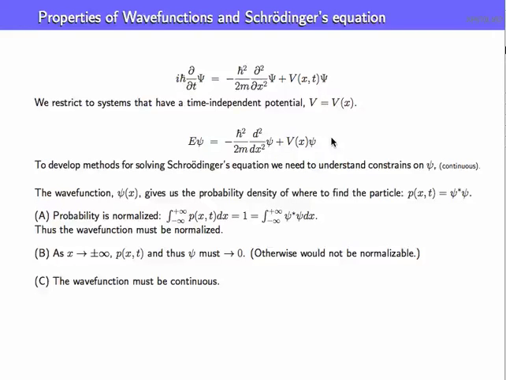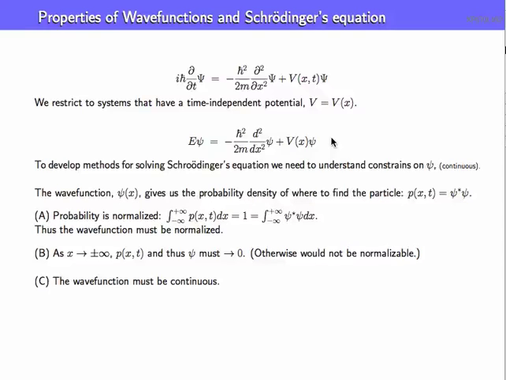And the probability is normalized, meaning that if we integrate the probability density over all x, again only a one-dimensional problem here, that has to equal 1. That means the probability to measure the particle somewhere on the x-axis is 1. The particle exists somewhere on the x-axis. Substituting in, that implies the wave function is normalized as well. When we integrate psi star psi over x from minus infinity to infinity, we get 1.